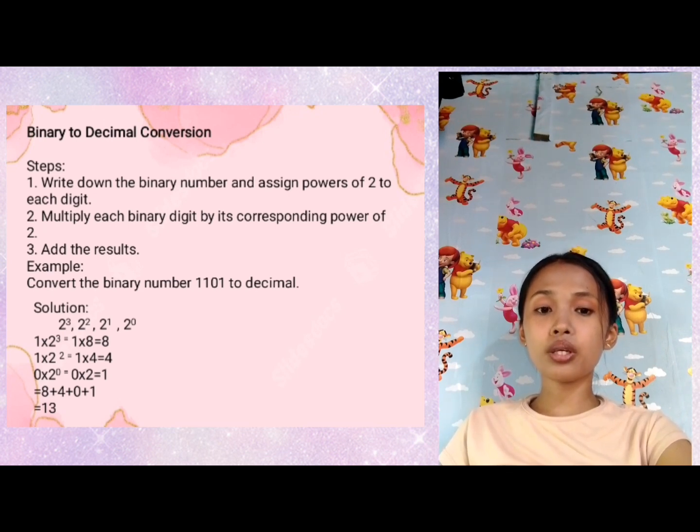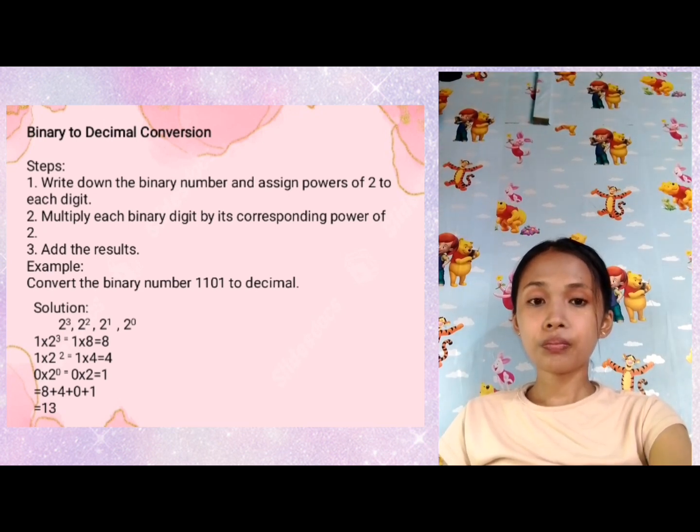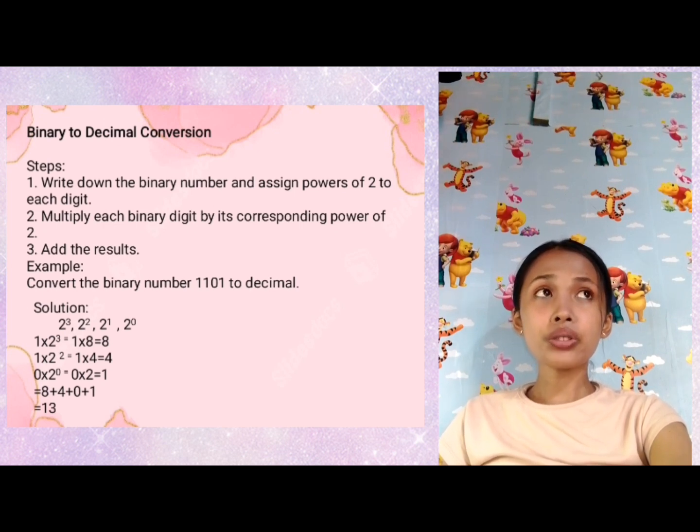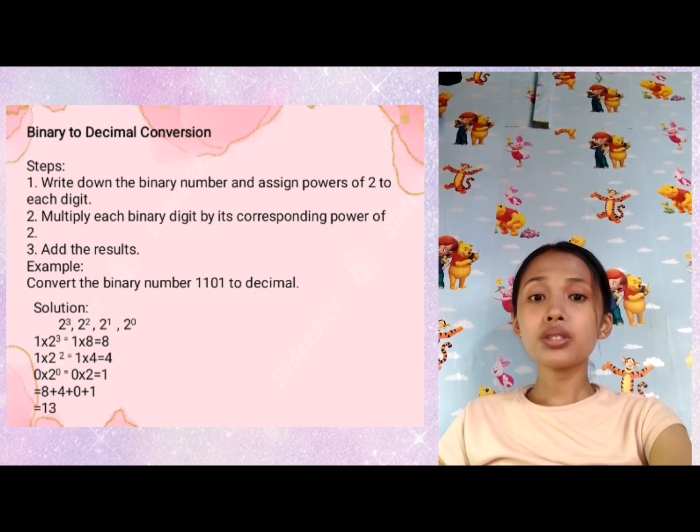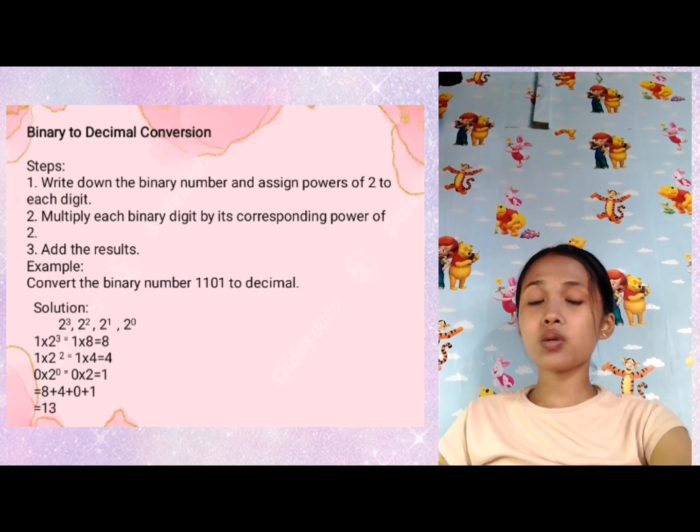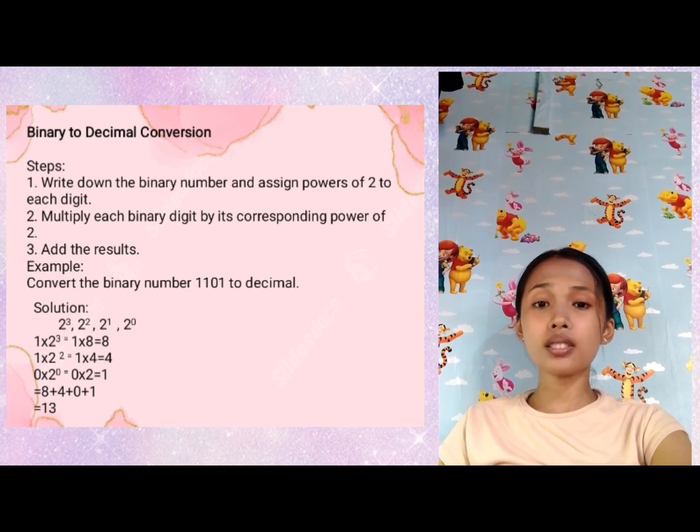Here's the solution. 2 raised to the power of 0, 2 raised to the power of 1, 2 raised to the power of 2, and 2 raised to the power of 3. 1 times 2 raised to the power of 3 is equal to 1 times 8 equals 8.